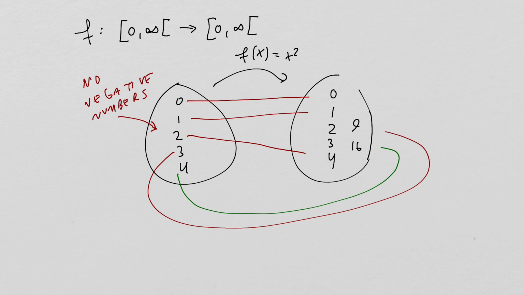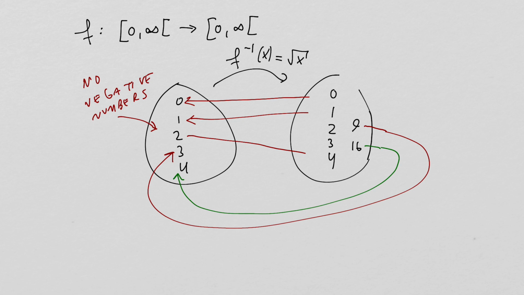Let's see. So now in the inverse function, we would have that 9 is mapped to 3, 16 is mapped to 4, 0 is mapped to 0, and 1 is mapped to 1.